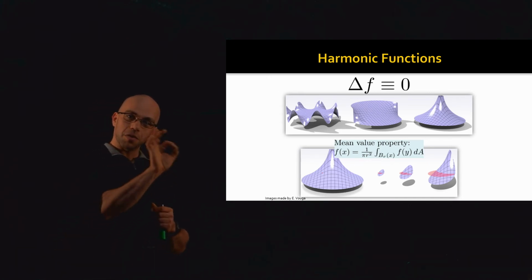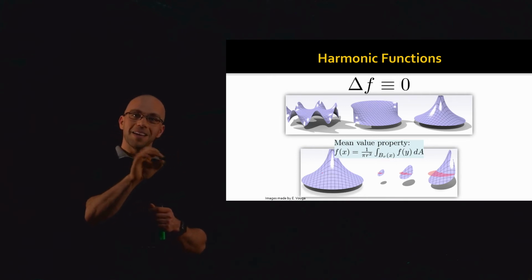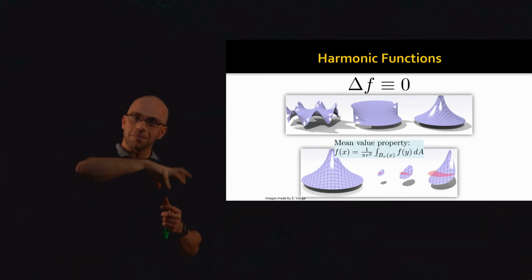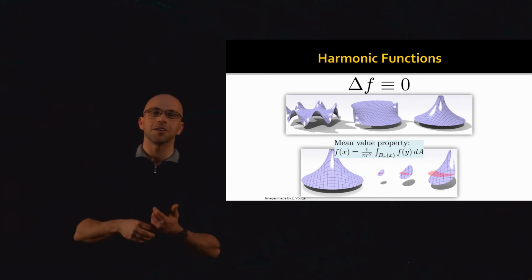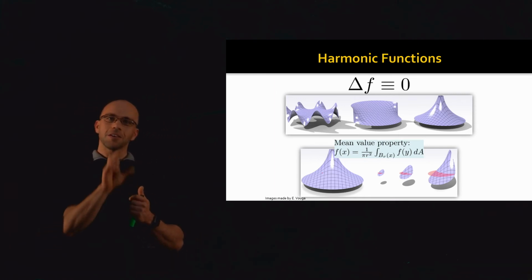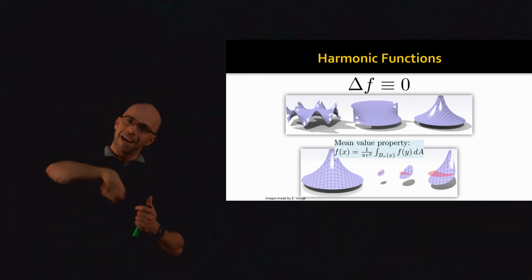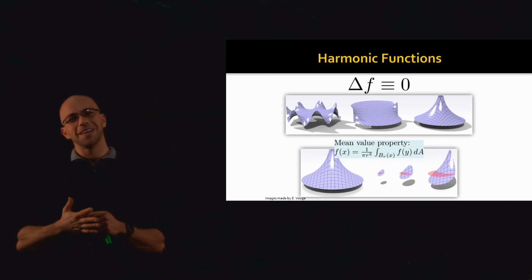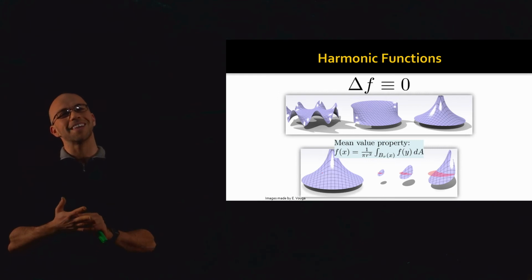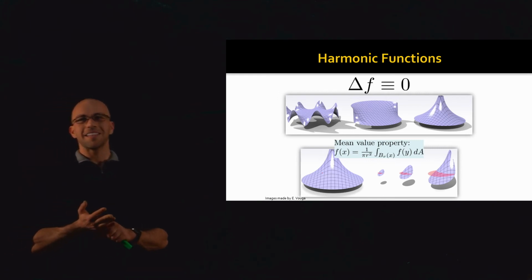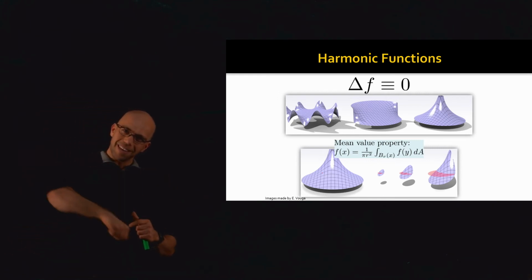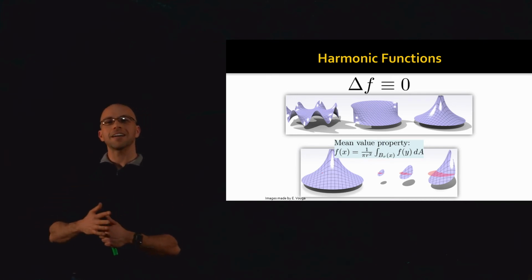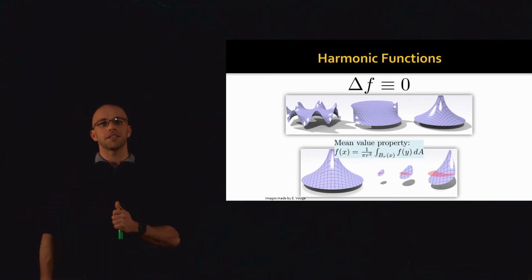It says that if I choose a point in the interior of the domain, and I draw a little circle around that point, which is contained strictly within the interior of the domain, the value at the center is actually equal to the average of the value of your function in that little disk. It's kind of incredible that you can achieve this property in some sense. What it's saying is that every point is equal to the average of its neighbors, and we'll see that that's actually sort of a jumping off point for constructing discrete Laplace operators later.